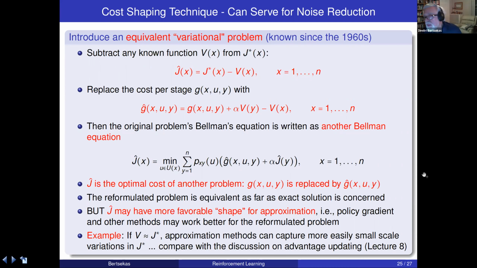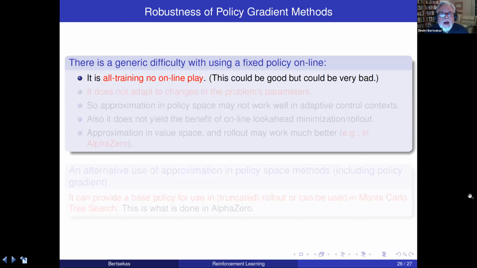Now let me go into the next slide about policy gradient methods. What do you do with a policy gradient method? Well, you train its parameters, the parameters of the cost function, and then you have a fixed policy that you apply online.